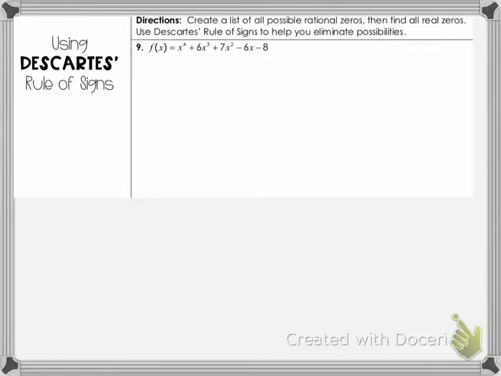So we're going to create a list of all possible rational zeros, then find them. We're going to use Descartes' rule of signs to help us eliminate some of the P over Q's. If you look at this first one, we can't factor by grouping or anything, so we're going to have to use P over Q. Let's start with P equal to 8 and Q equal to 1.